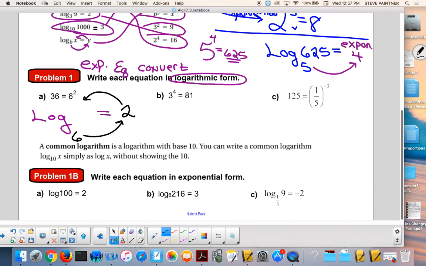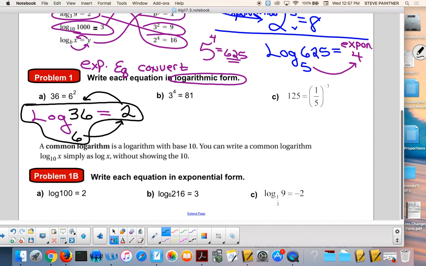What's it going to be? 36. So the answer, when you convert from exponential to log, is right here. This is exactly that up there. It's the same thing. The way I would read this out loud is I'd say log base 6 of 36 equals 2.